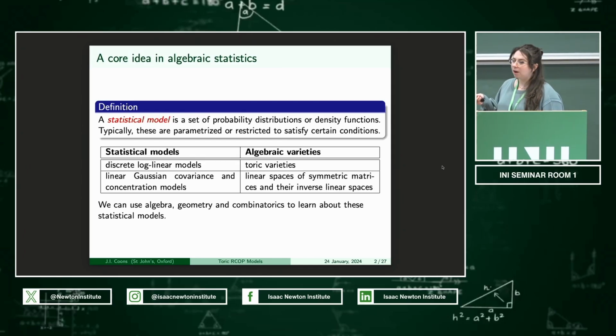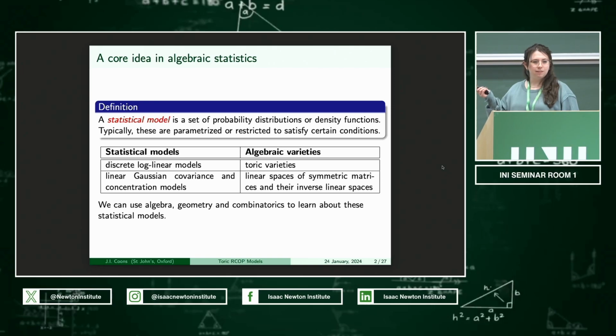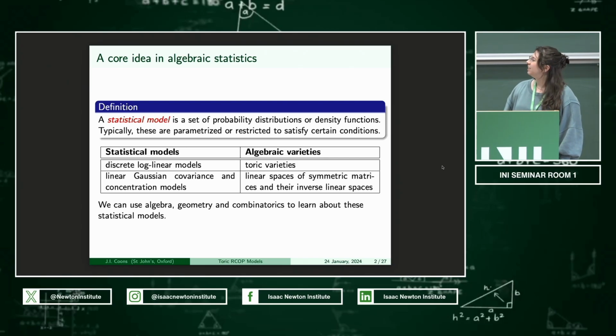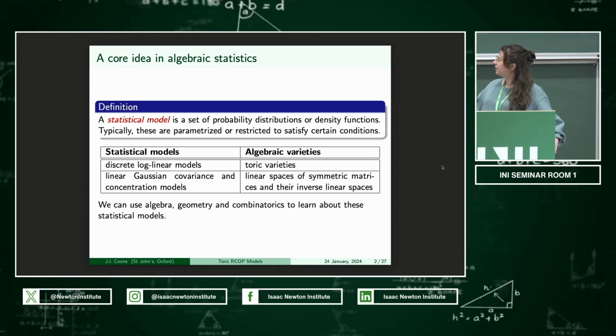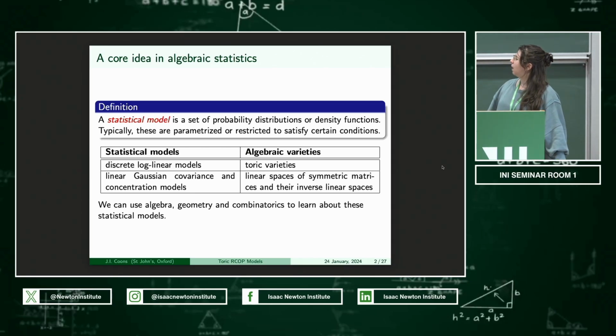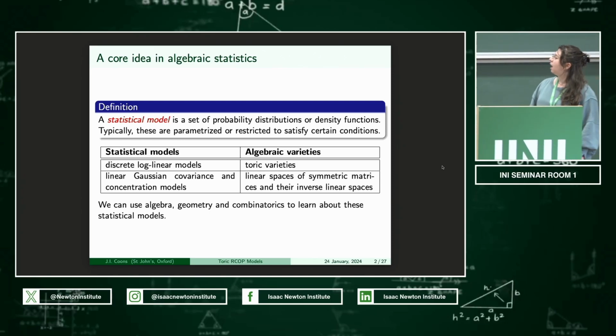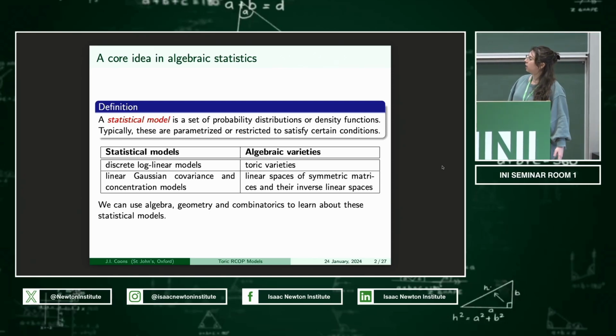I'll start with a little bit of an overview of algebraic statistics. Some of this might be a repeat of what Carlos talked about, but I hope it'll be helpful for some people to hear it again. So a core idea in algebraic statistics is that we take statistical models, by that I just mean a set of probability distributions or density functions, and we think about them as algebraic varieties.